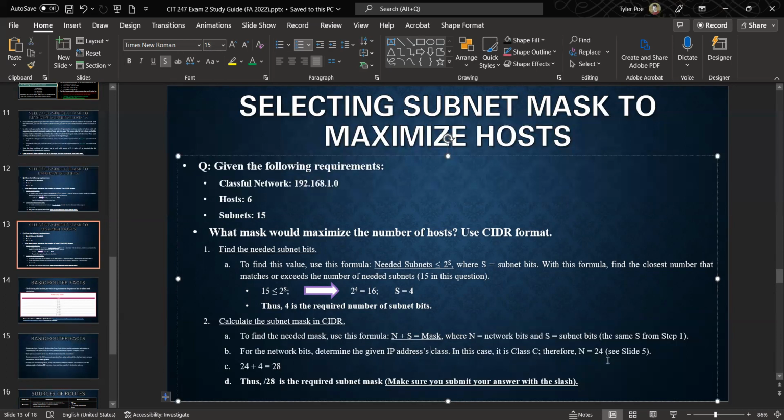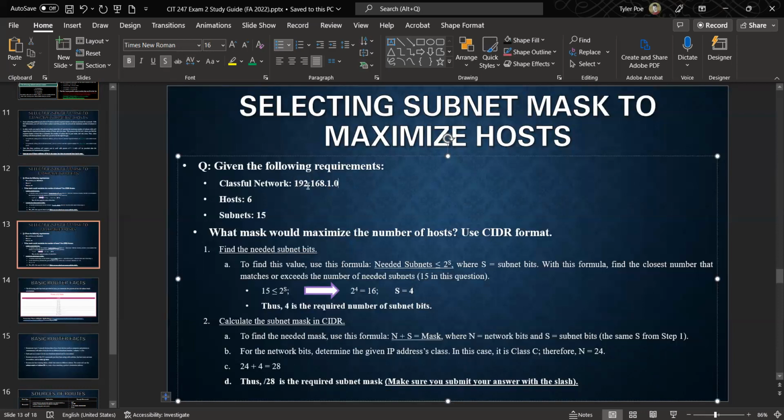I'm probably going to have to include those somewhere, but basically there are IP address ranges. The first octet from 1 to 127 is class A, and the number of network bits is going to be 8. 128 to 191, I believe, is class B, and the network bits is going to be 16.